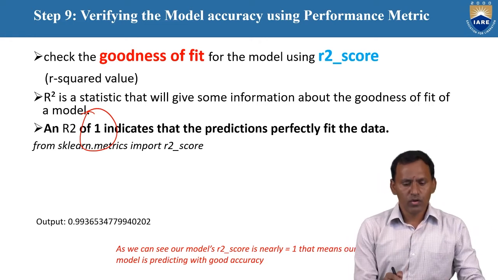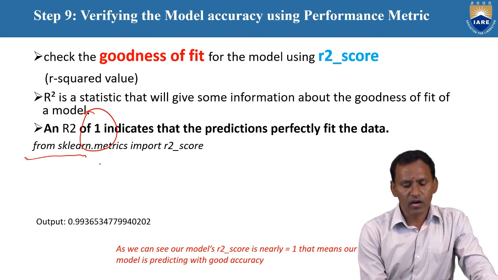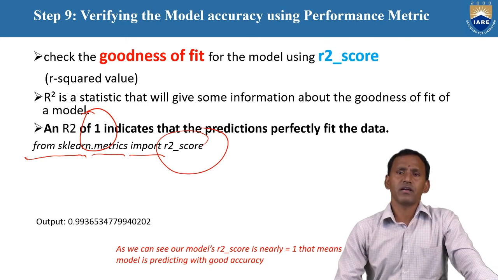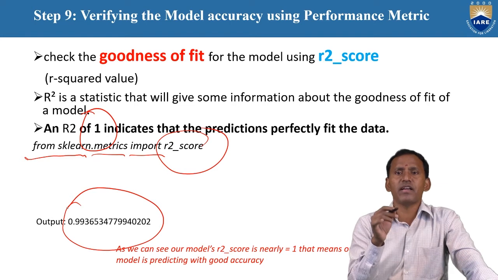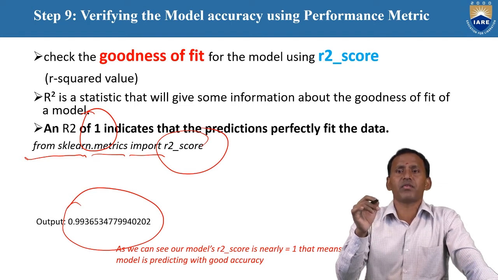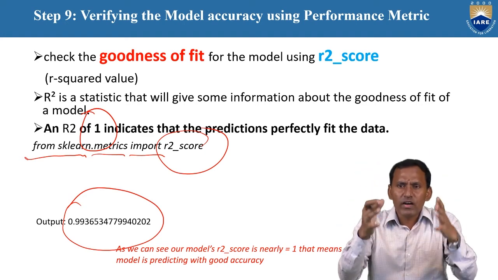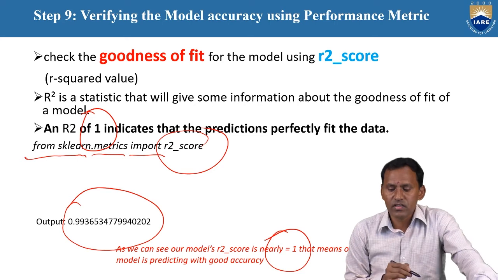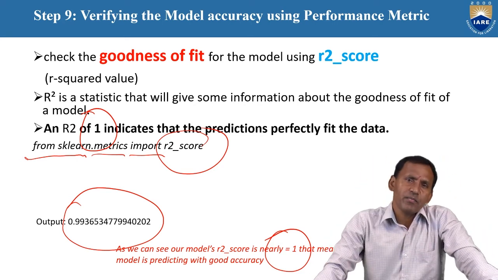In Python, from sklearn metrics import the r2_score method. Assume you get an output like 0.9936534. As we can see, the model we developed is near to 1. That means our model is predicting with good accuracy.